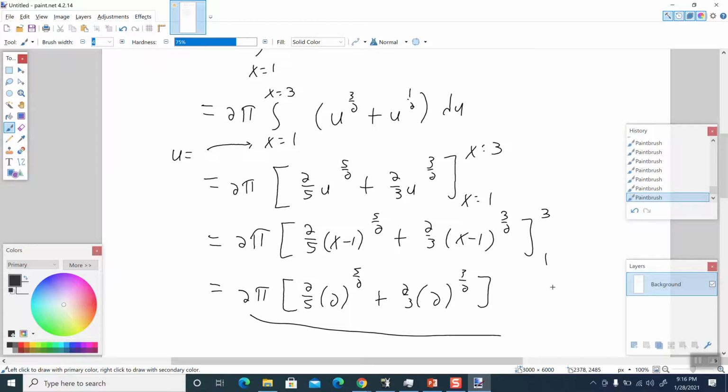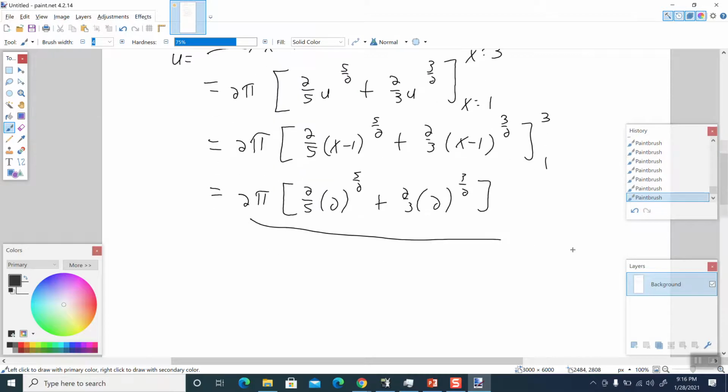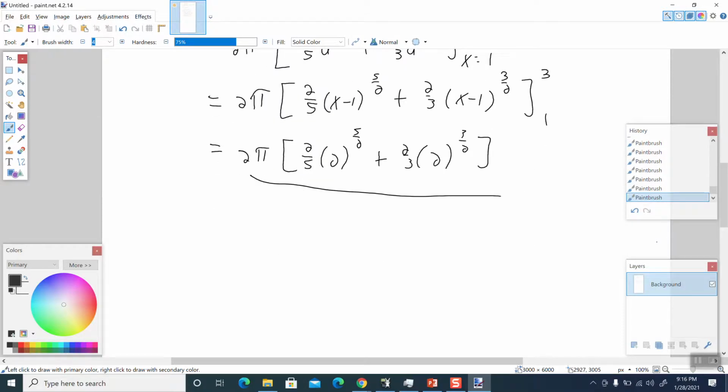So would you be okay with the answer like that? Oh yeah. If you're wondering what you could do, you could factor out, see how they both have 2 to the 3/2 power? You could factor that out, like that. You could probably do more with that 2/5.